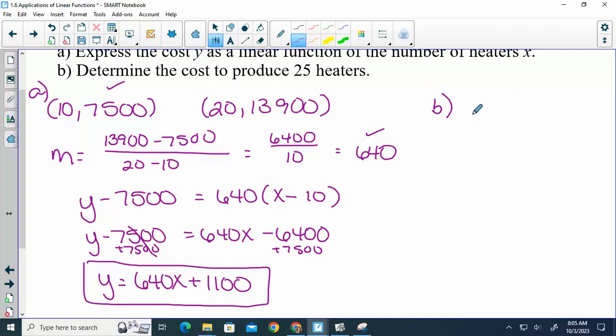Right, so B, the cost to produce 25 heaters. What do we do?